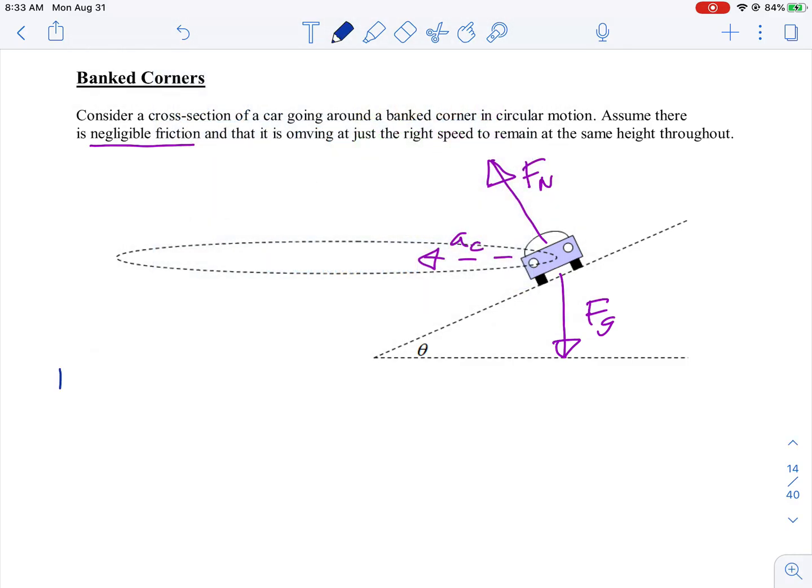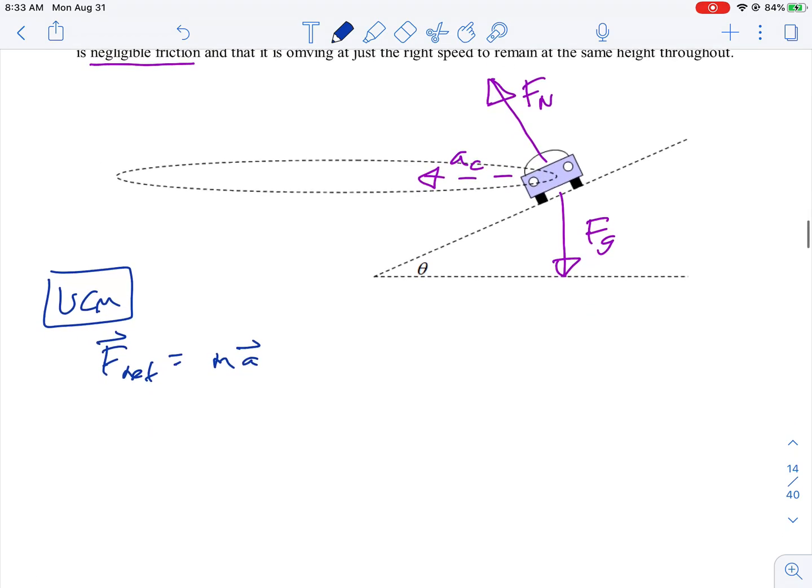So if we do, let's say, uniform circular motion, and we know that F net is equal to ma. Now, this analysis, if you're going to do tail to tip, this is what you do. F net is the sum of the two forces. So we have Fn with an arrow on the top plus Fg with an arrow on the top equal to mac with an arrow on the top.